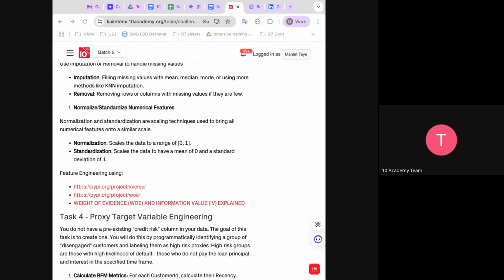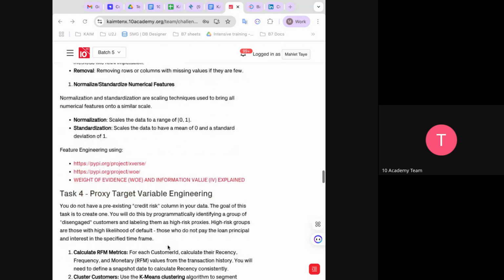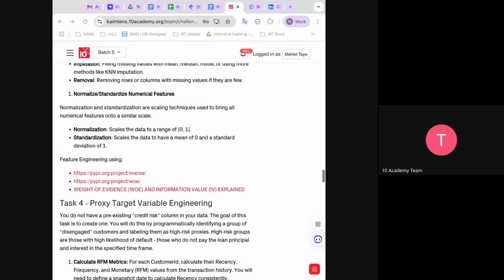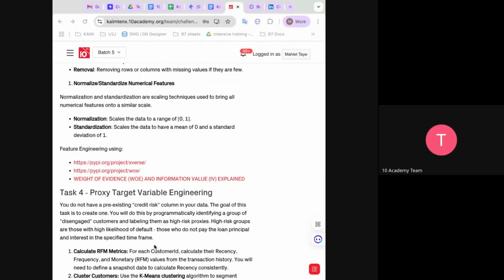So we need to model those customers with high risk values. The key task from the other tasks: you know how to feature engineer and perform EDA, but this is the critical task, and what's the likelihood of getting the default.